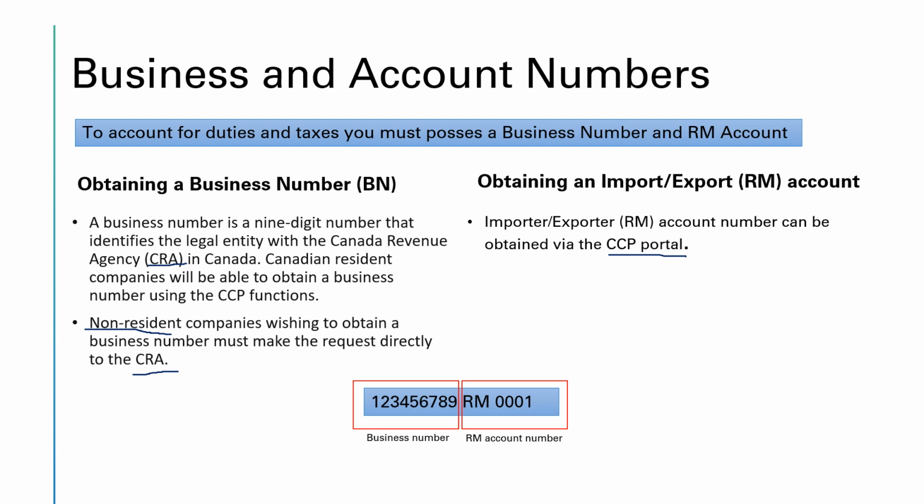And the import-export account is done with the CBSA, and they can make use of the CARM portal to obtain this RM account. So at the end, the combination will be the 9-digit business number and RM, and then the 4 digits for the account number.